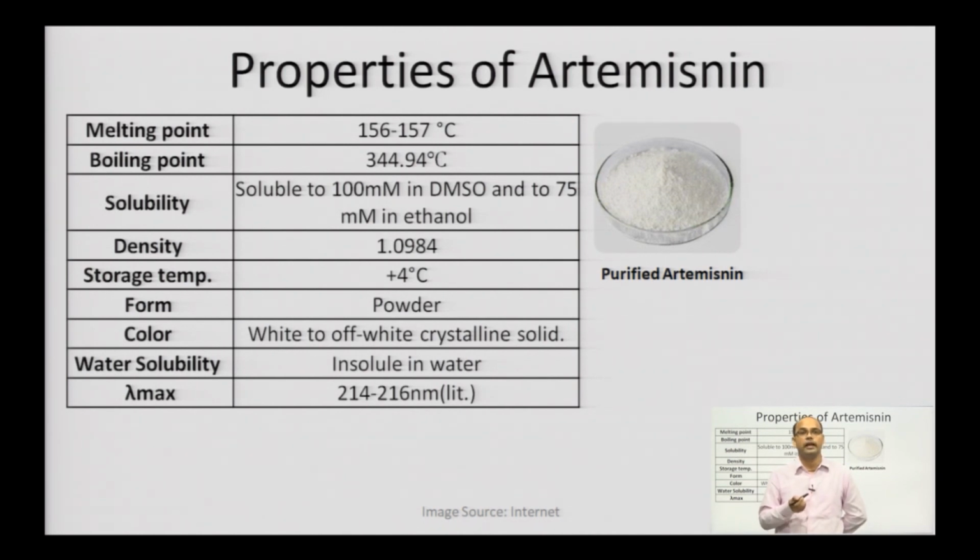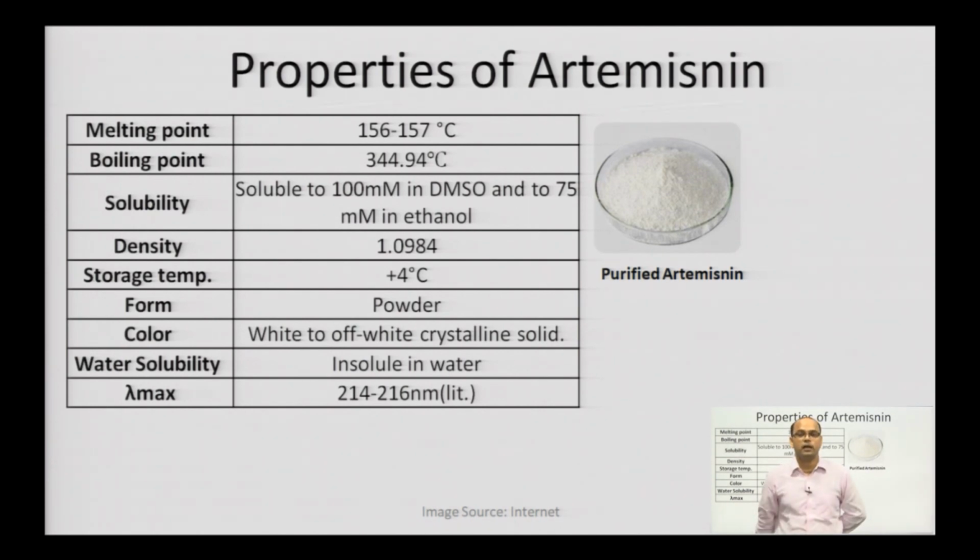So, it has an excellent solubility in dimethyl sulfoxide. Density, it is having almost equal density as water, 1.0984. The storage temperature for purified artemisinin is around 4 degrees Celsius. If we want to store the purified artemisinin, we have to maintain the temperature of plus 4 degrees Celsius for the proper storage of our phytoconstituent.